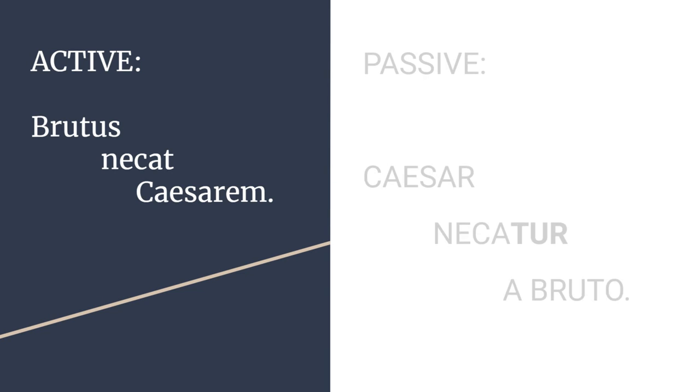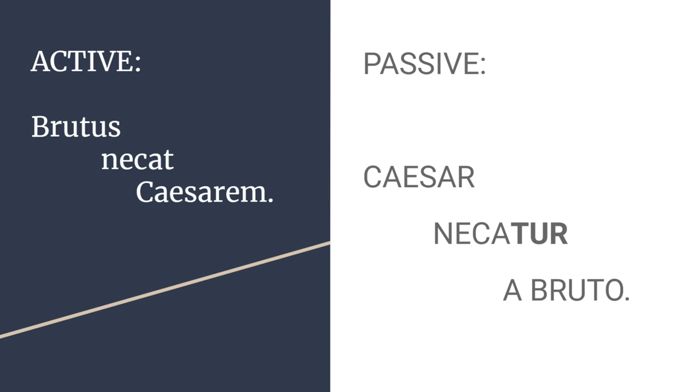So if we want to take that and make it passive, we have to take Caesar again, which was the direct object, and make him the new subject. So Caesar is the way we're starting here. We're going to change the verb to necatur. That T becomes a TUR because that's the active to passive change. The next bit here, a Bruto. We haven't talked about this too much.